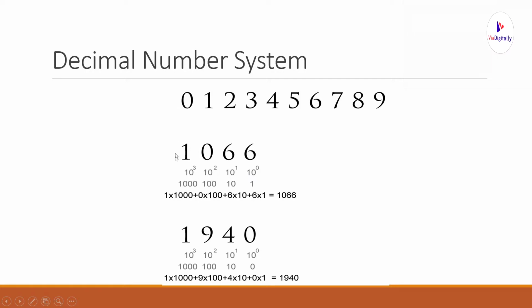We multiply each digit by its corresponding place weight and sum all of these, and we get the original number, right? Similarly, here 1940 is given: 1 into 1000, 9 into 100, 4 into 10, 0 into 1. If we sum up all these, we get 1940.